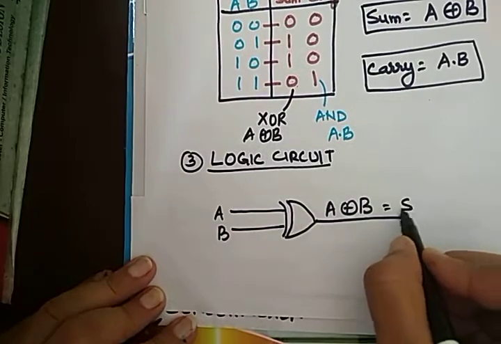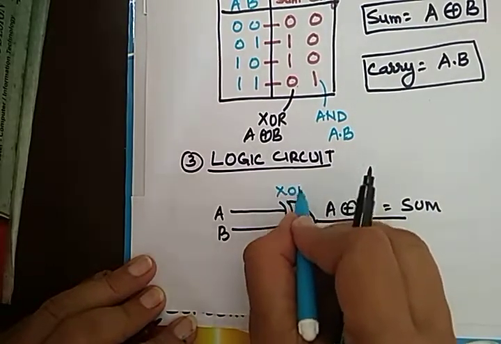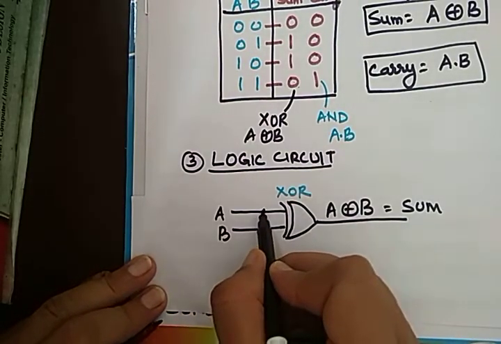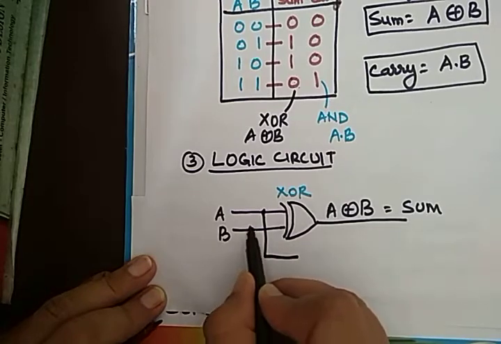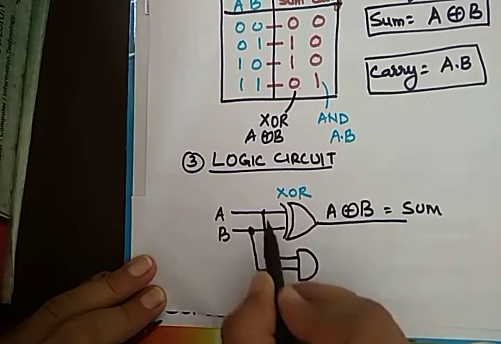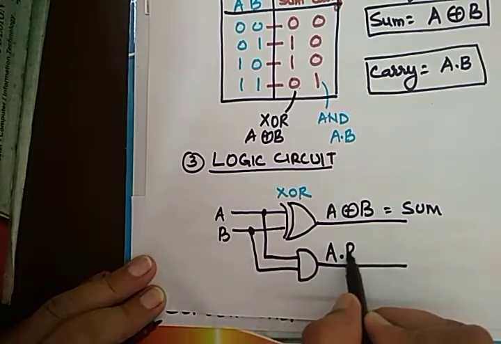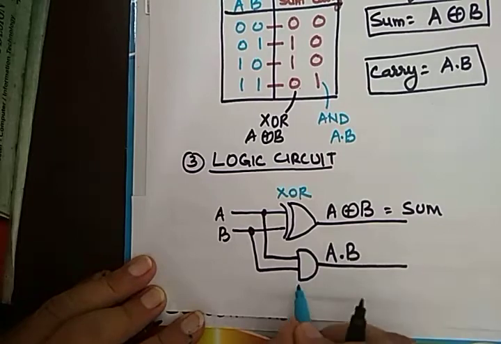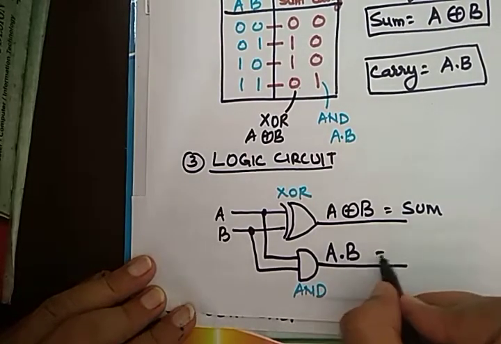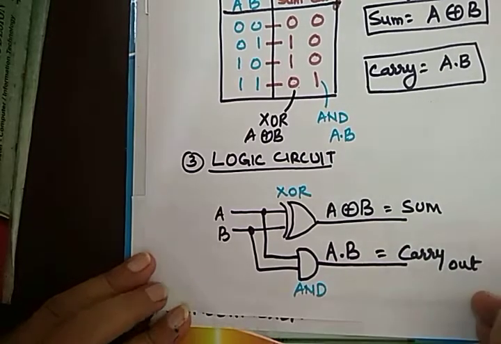Similarly, the carry function is nothing but an AND function between A and B. So this is an AND gate, and it generates the output A dot B, which is the carry out.